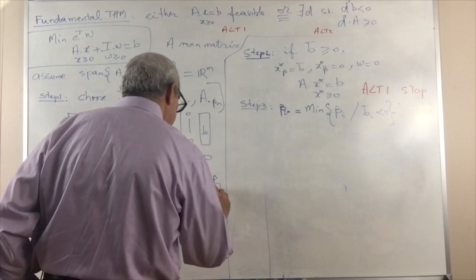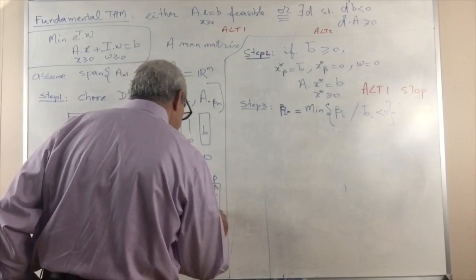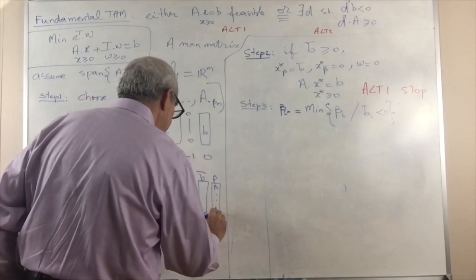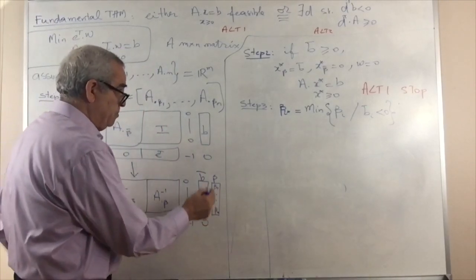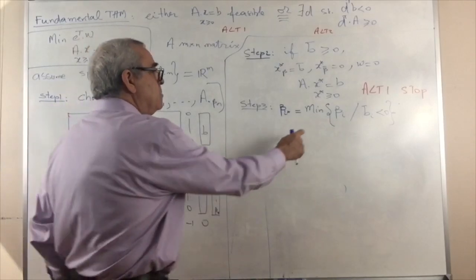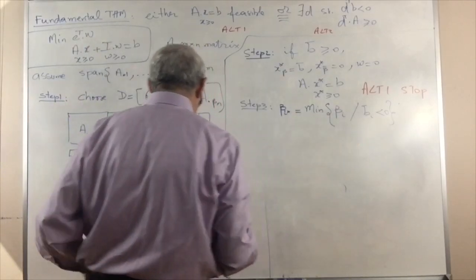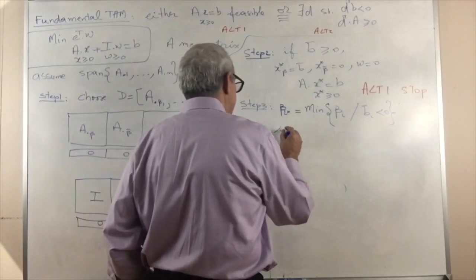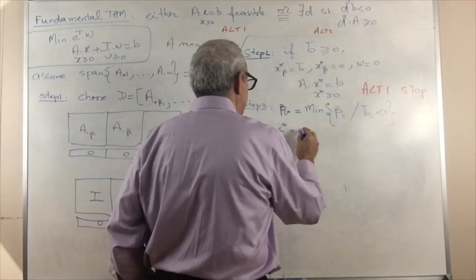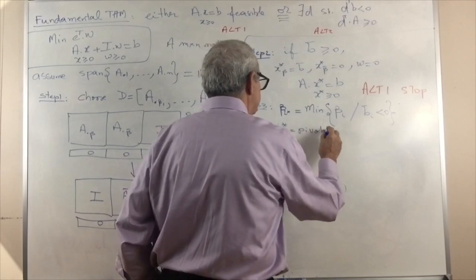This is beta 1, etc., beta M. Okay, so I'm going to look at all the negative numbers. I'm just going to take the minimal index such that it is negative. So I star will be our pivot row.